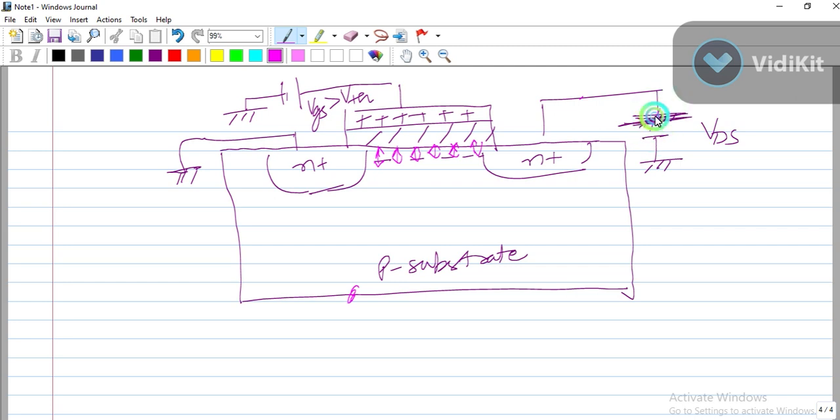First I'm considering VDS equal to 0. So see, there is a VGS voltage there, and the difference of potential voltage between them will be VGS only. Now in the second case, let me make the picture again, one clear picture.